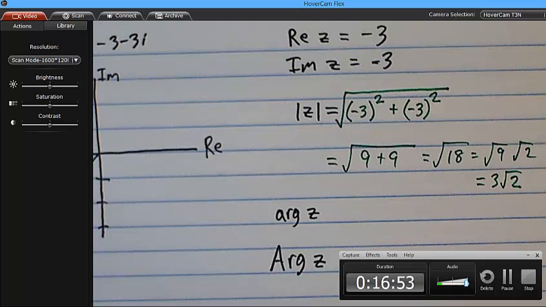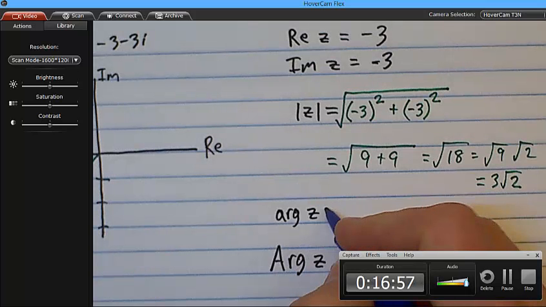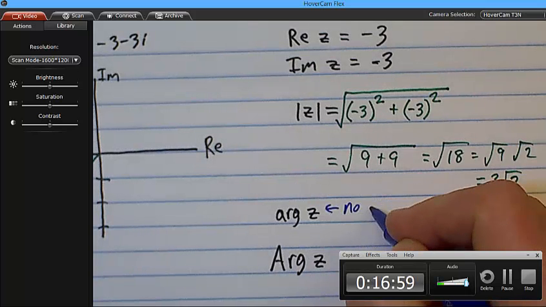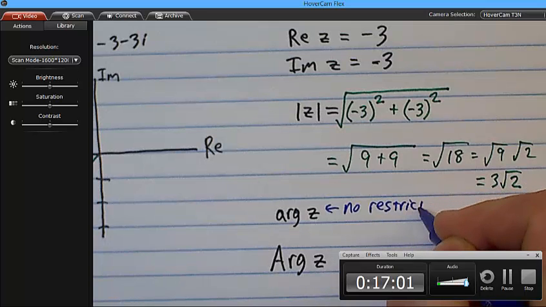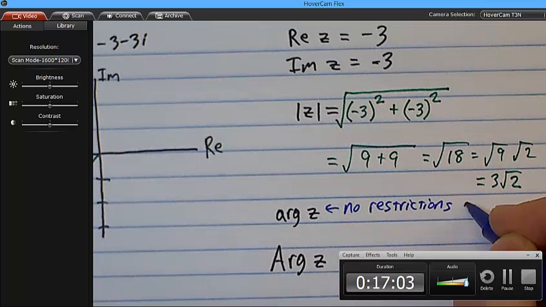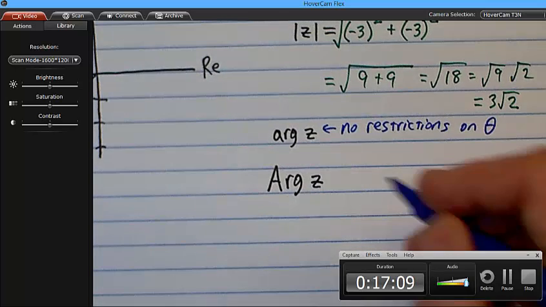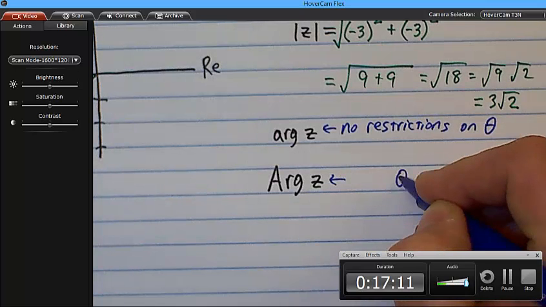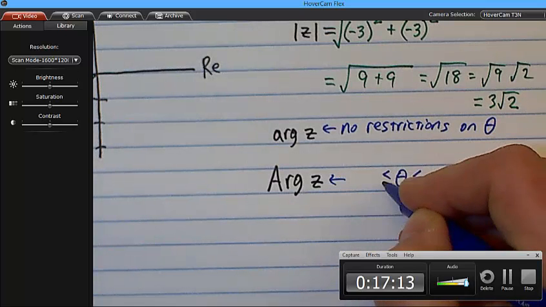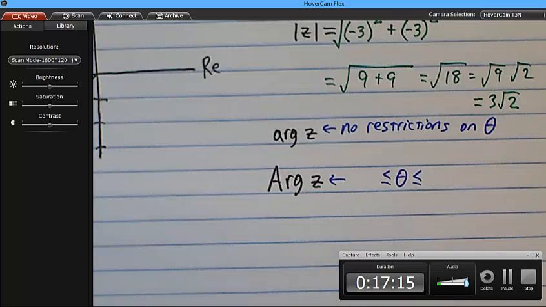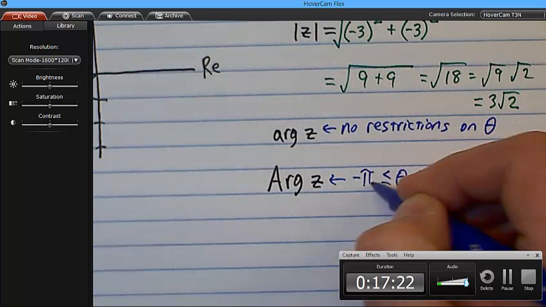And so I guess the difference is that for arg z, there are no restrictions on theta. But if I say capital Arg, what I'm telling you is that I want theta to be between what and what? Negative pi and pi, that's right.